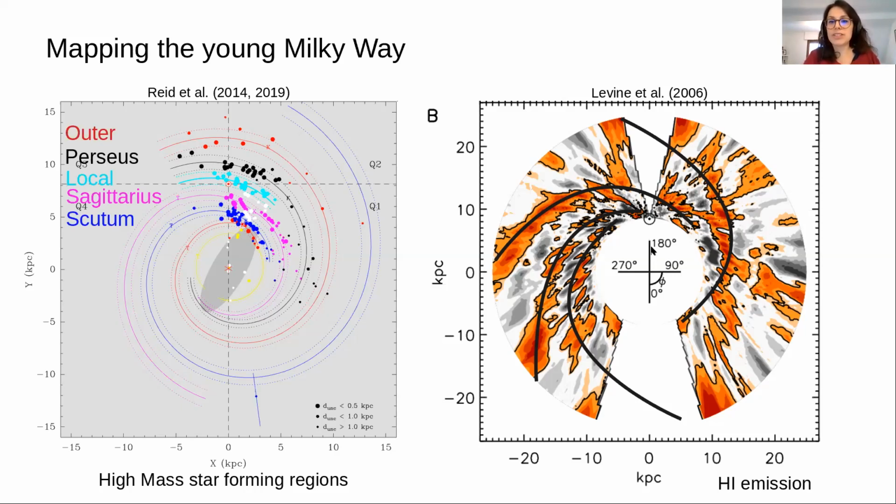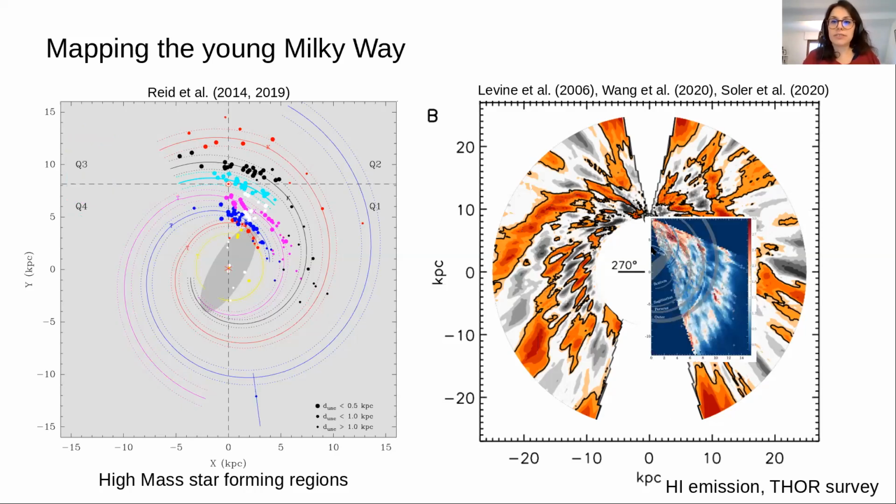And I have to mention that more recently, the THOR survey is producing results at very high angular resolution, again pushing our resolution and our understanding of the distribution of atomic hydrogen in the Milky Way to further and higher precision levels.